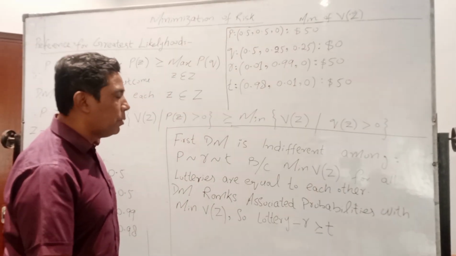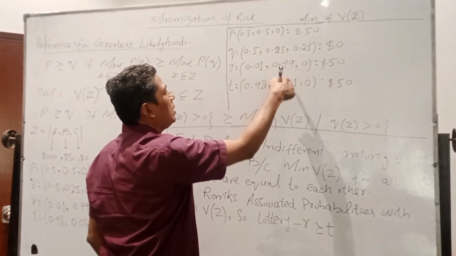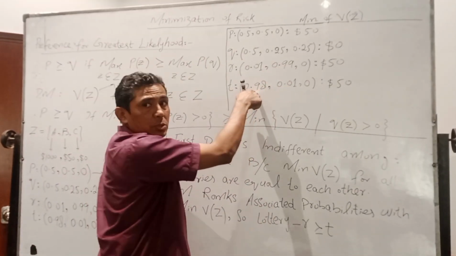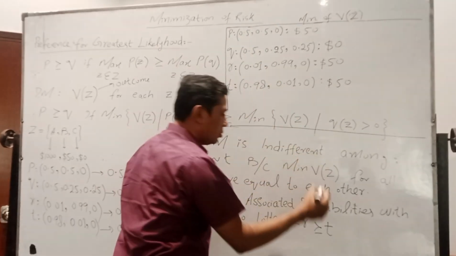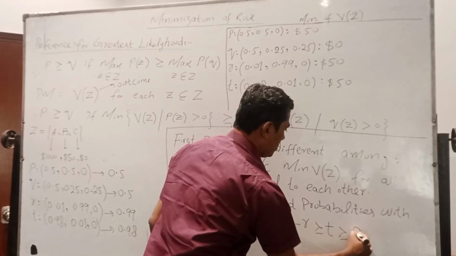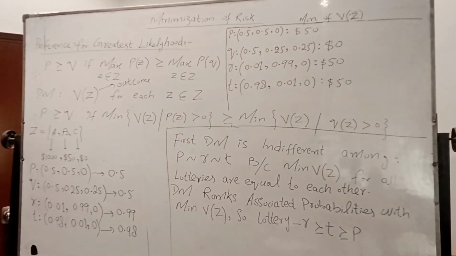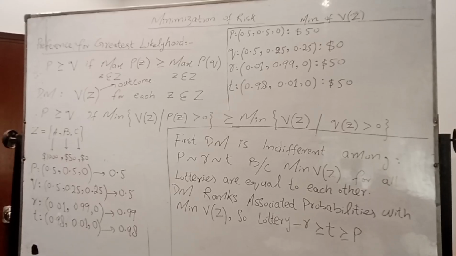And T is preferred over P, because for T the value is 0.98 versus 0.5. So T is preferred over P. Clear? That's the conclusion.